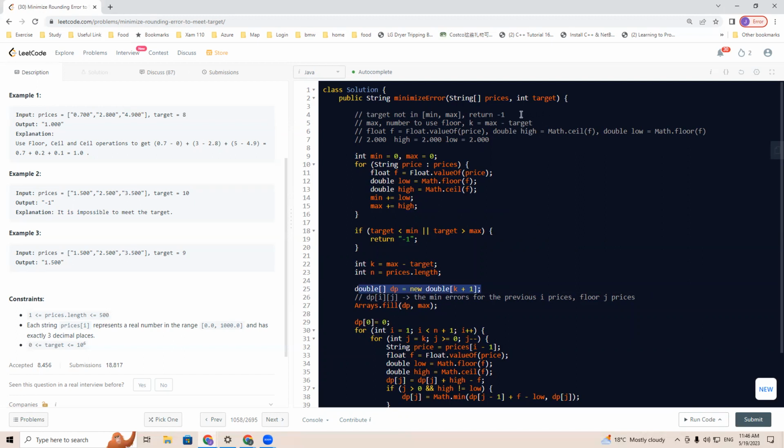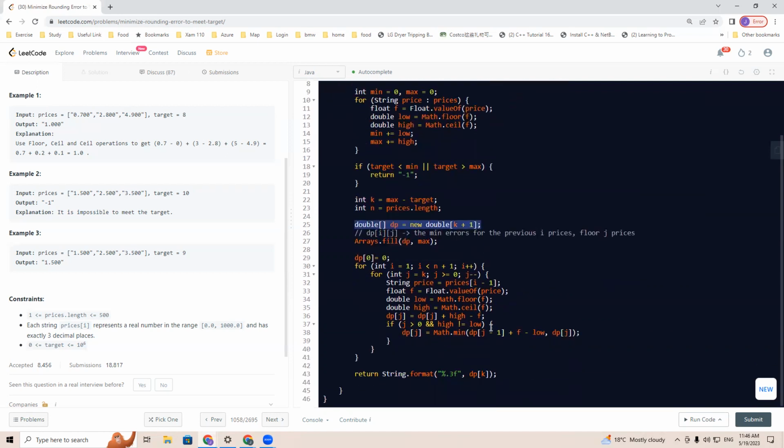K is how many we need to floor. So actually this k number is dependent on the price n and also the target. So the time complexity will be n multiplied by k, and the space complexity will be O(k).